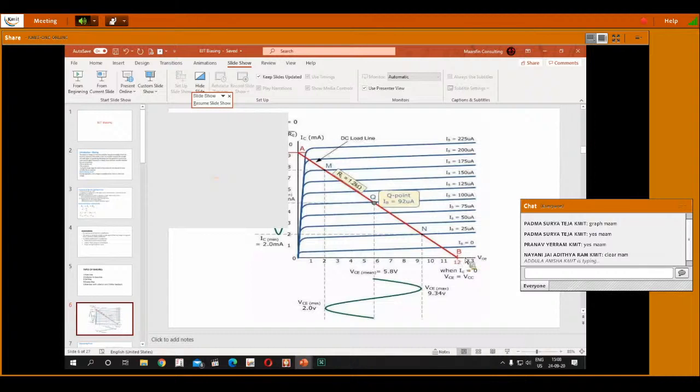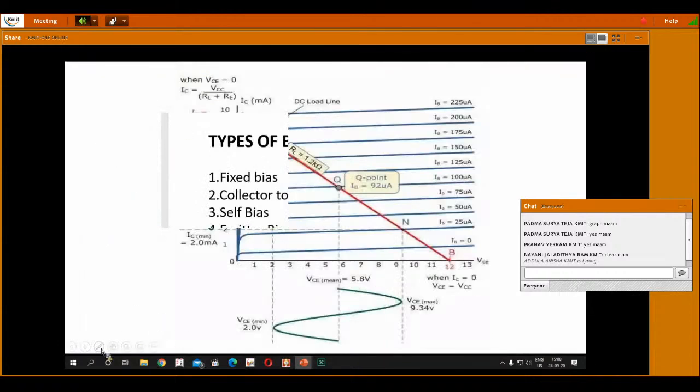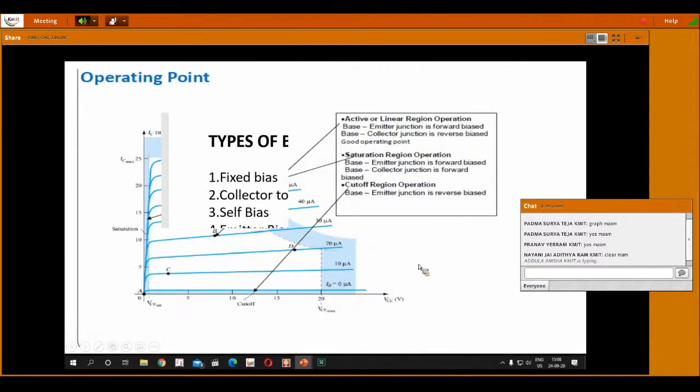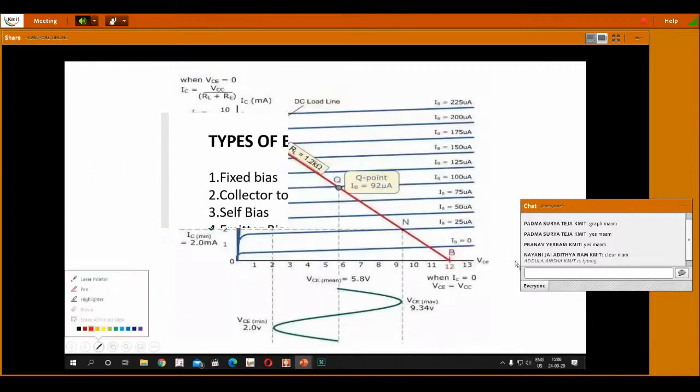What are the x coordinate and y coordinate values of B? Here the B coordinate is VCC, 0, because if my VCE is equal to VCC, then our collector current becomes 0.